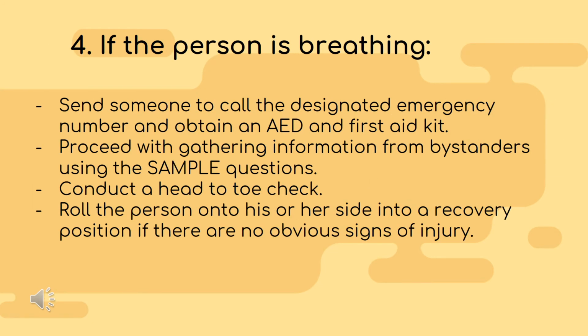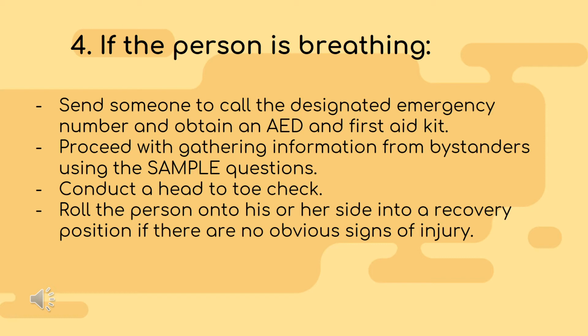Number 4. If the person is breathing, send someone to call the designated emergency number and obtain an AED and first aid kit. Proceed with gathering information from bystanders using the SAMPLE questions. Next, conduct a head-to-toe check.